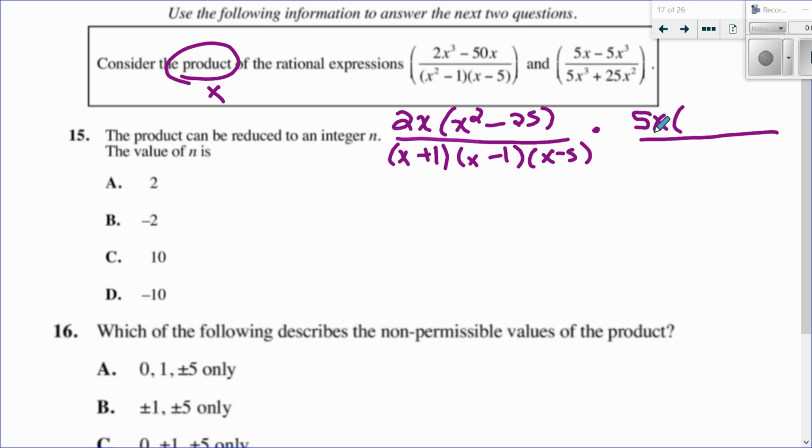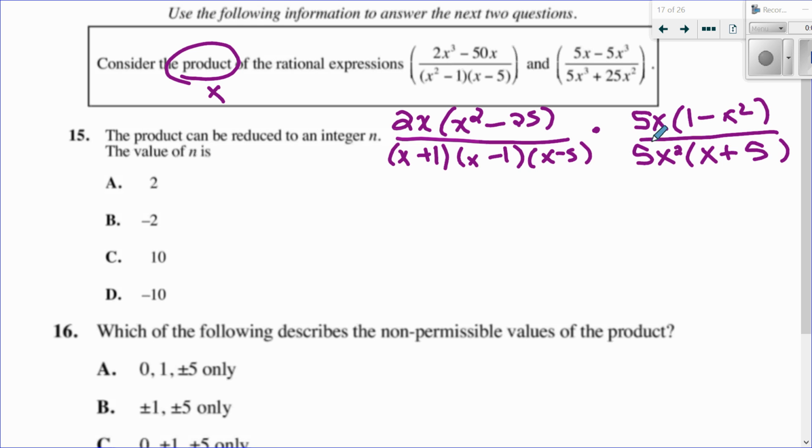So 5x divided by 5 is 1, take away. 5 divided by 5 is 1. X cubed divided by x is x squared. And that will be over. Down here, I have a GCF between 5 and 25 of 5. Between x cubed and x squared is x squared, and I'll factor that out. So 5 divided by 5 is 1. X cubed divided by x squared is x, plus 25 divided by 5, 5. And then x squared divided by x squared is just 1.